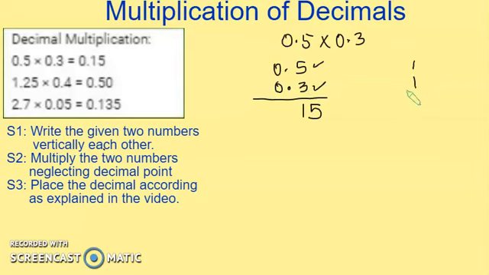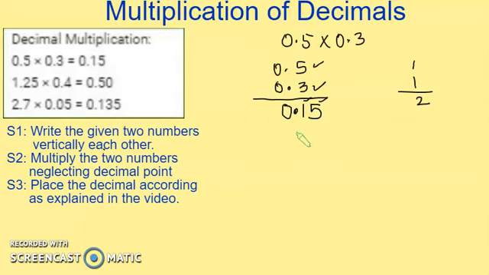Now add these two, so 2. Now from the right hand side, count 2 digits and place the decimal after second digit. So the decimal will come here, and just before the decimal you put this 0. This 0 has no meaning, but I will explain at some other point why we put 0.